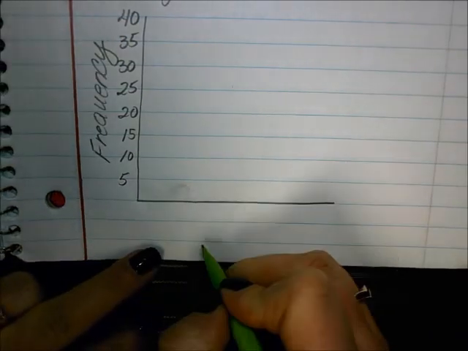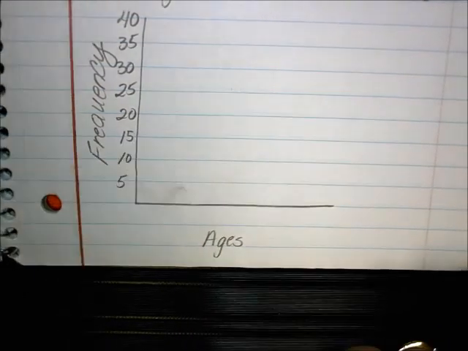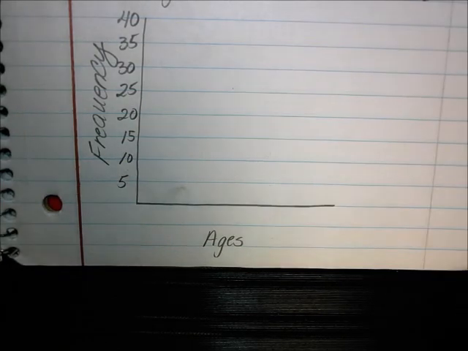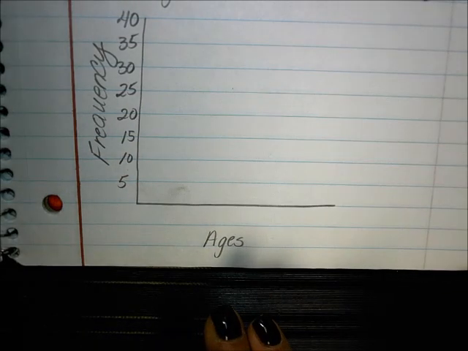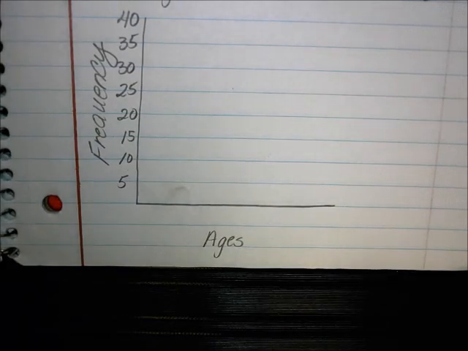And then down here, this is going to be whatever your intervals are. So my intervals are measuring ages. Okay. Now, the first one is going to be 30 to 39. If you're doing this on graph paper, it'll be easier to make the bars the same width.